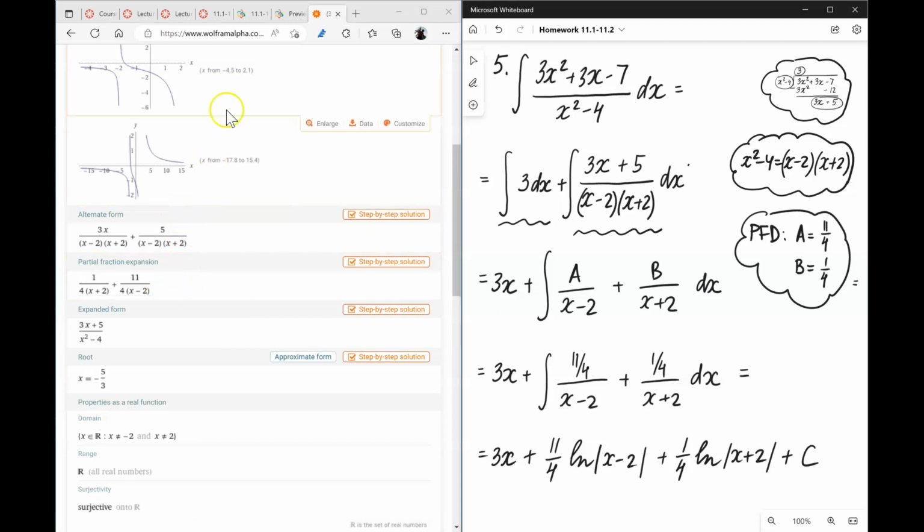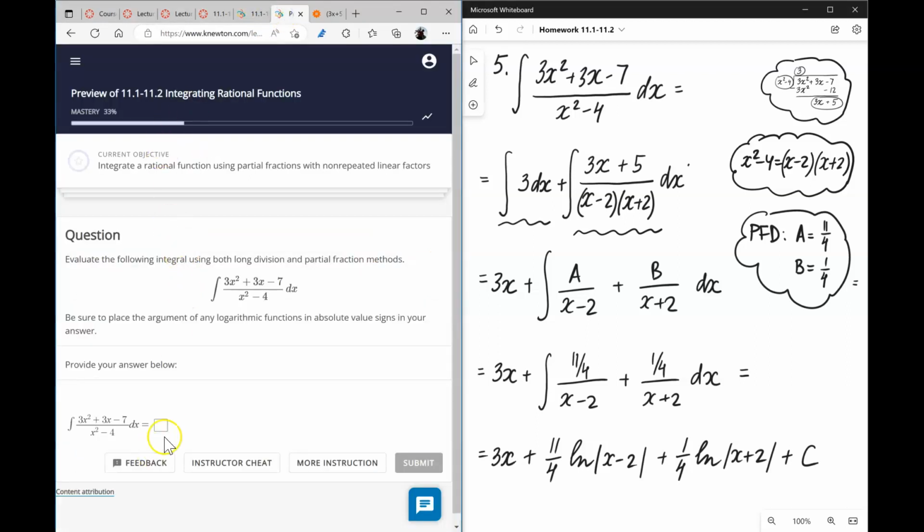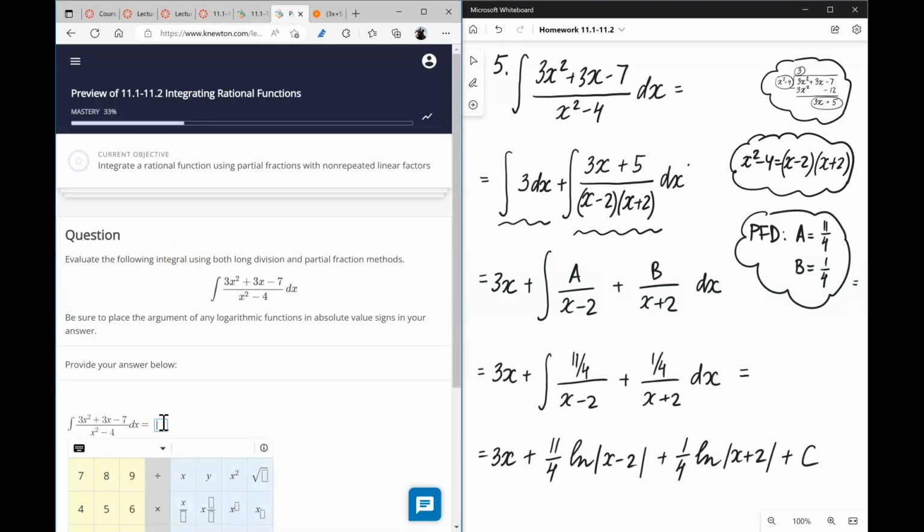Once you remove the heavy algebra stuff, like completing the square, partial fraction decomposition, integrating rational functions, it's a pretty straightforward process. So you shouldn't be getting lost as you're performing integration of rational functions.